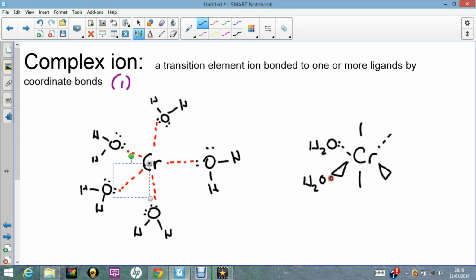It'd also be fine here. I could do it here, that'd be okay. But if I was to do that here, then that would be wrong because that shows a coordinate bond forming with a hydrogen. So if I'm going to write it like this, I need to make sure that over on this side I'm writing my water kind of back to front like this, so it's still the oxygen that's bonding to the chromium.